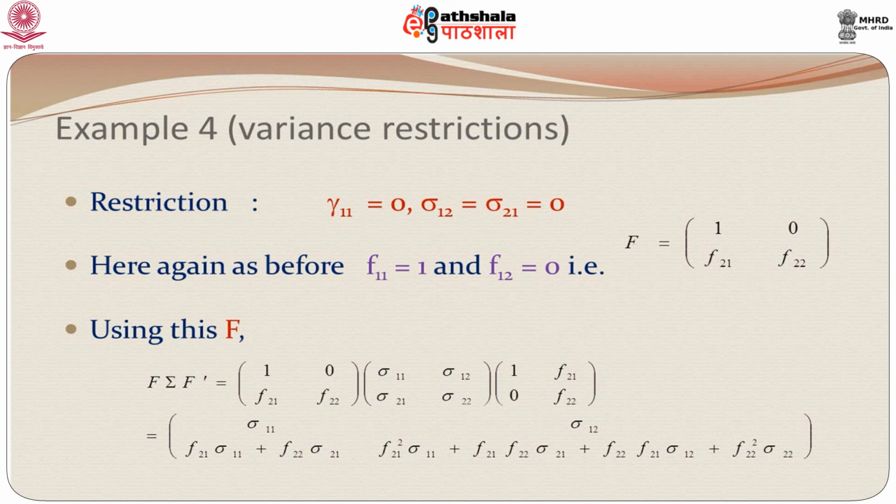And since sigma 21 is 0, if we put that, this means f21 sigma 11 is equal to 0, and sigma 11 being non-zero, f21 is equal to 0.